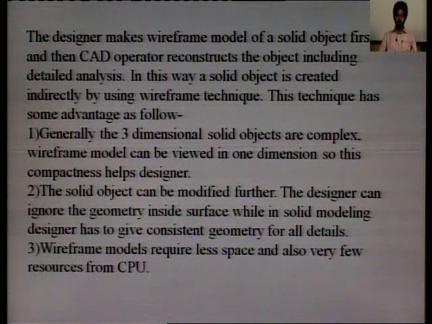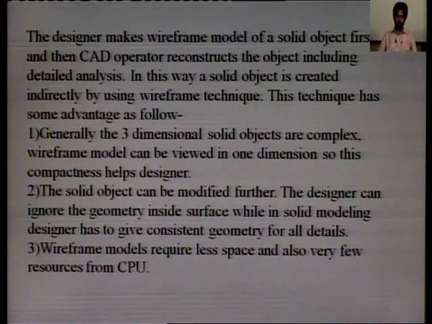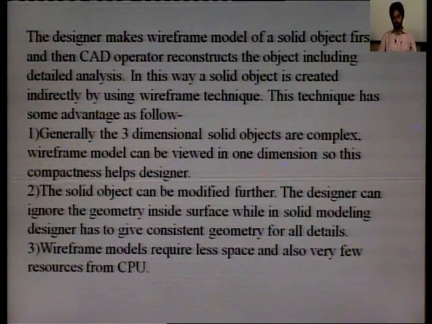Some advantages are as follows. Generally, 3-dimensional solid objects are complex. A wireframe model can be viewed in 1 dimension, so this helps the designer. When the designer has a wireframe model, he or she can easily design the object.